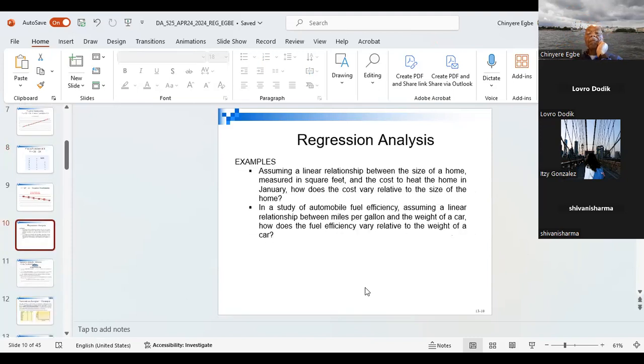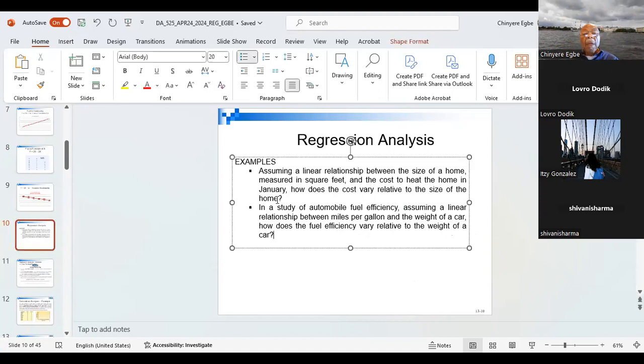Okay, so in regression analysis, we assume a linear relationship between, for example, the size of a home measured in square feet and the cost of the home, or the price of the home.